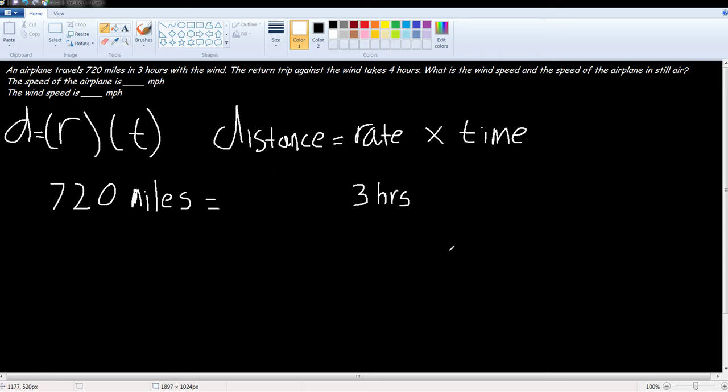So what's our rate? Our rate is going to be composed of two variables, right? So we have a variable for airplane speed, A. This is the airplane's speed.